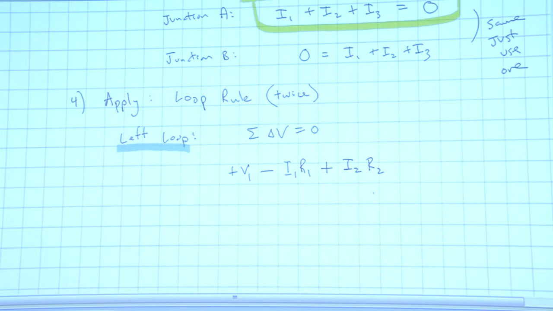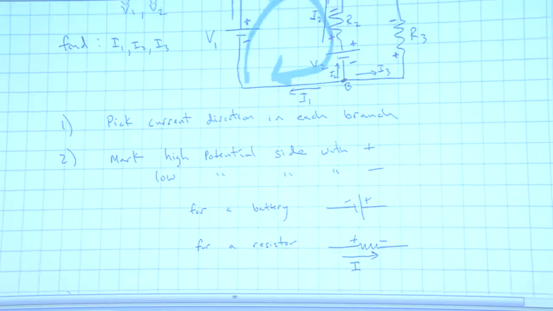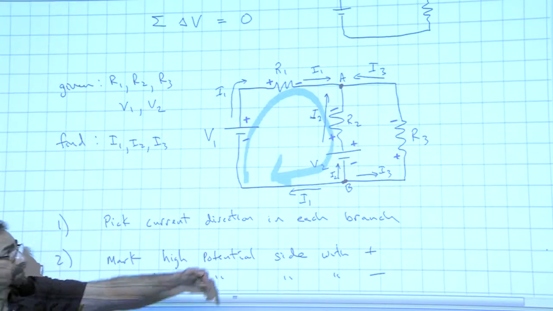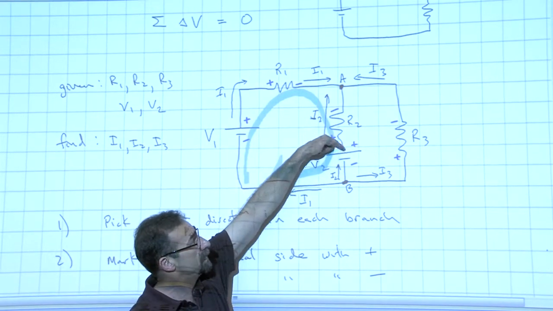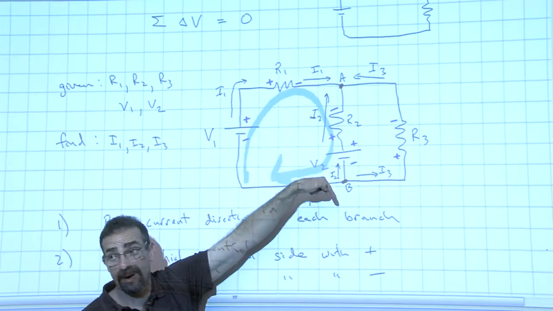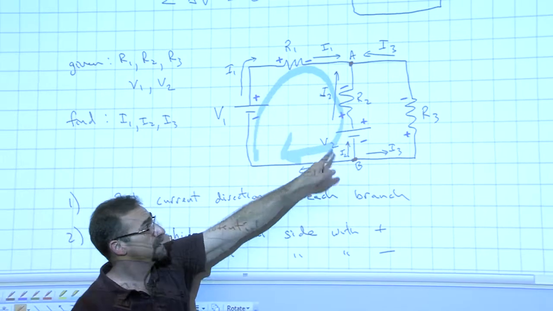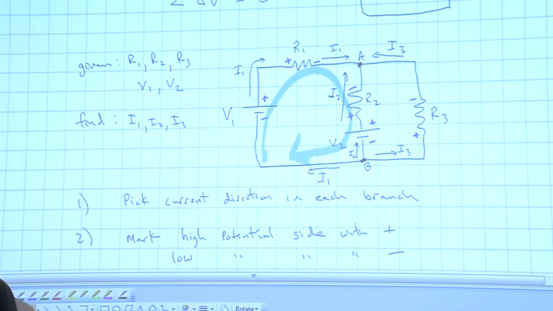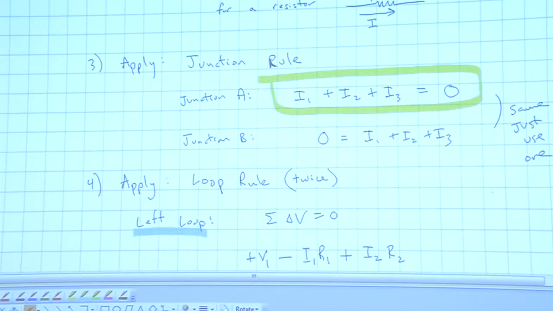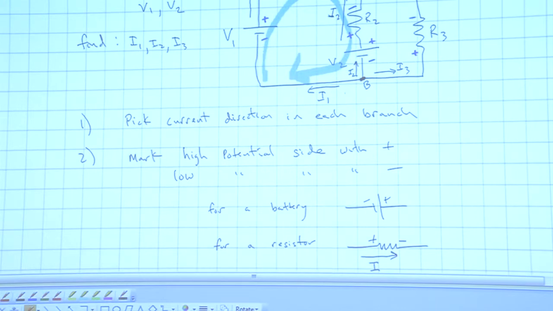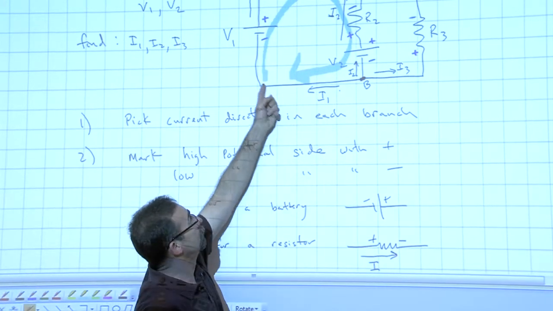You have to be careful with your subscripts. Then what happens? Then I get to a battery. And I go in the high side and come out the low side. So I am dropping by that voltage, V2. So this is a battery. And now I'm back to where I started, right?